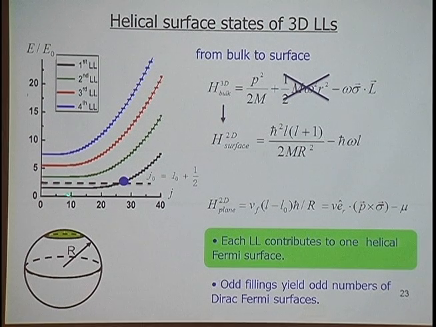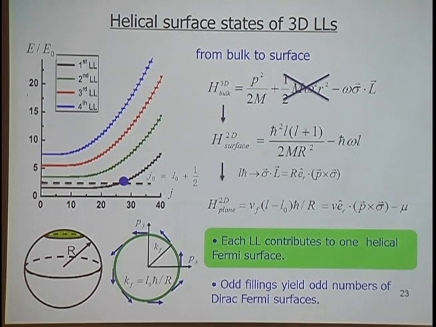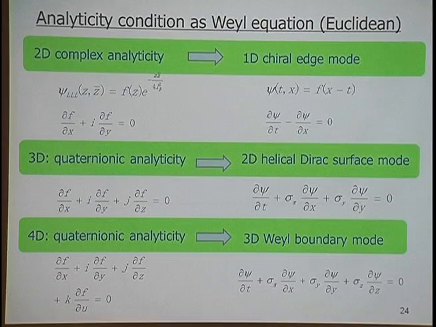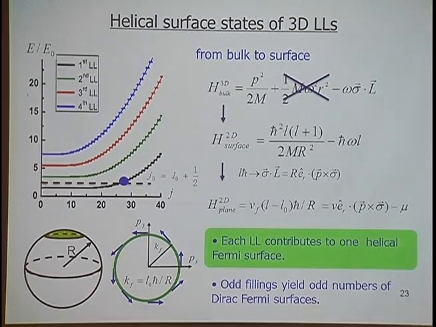You can see that for small angular momentum, the Landau levels inside do not touch the wall, so the spectrum remains flat. As the angular momentum increases larger and larger, the Landau level touches the boundary, and the energy is pushed up.